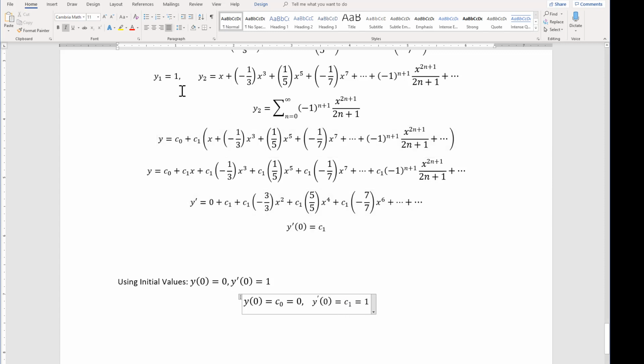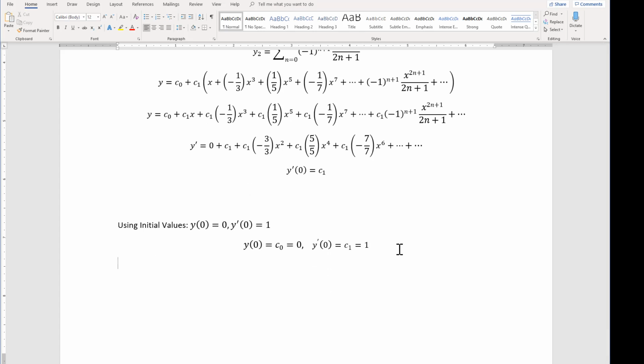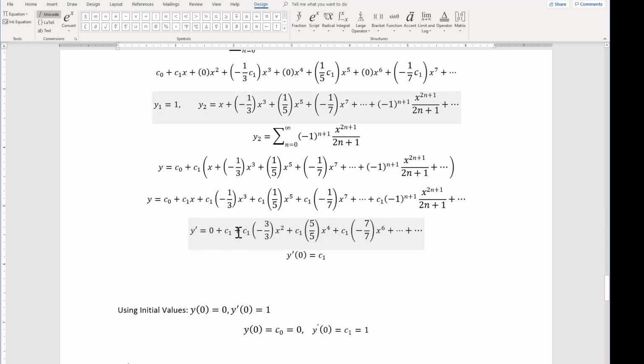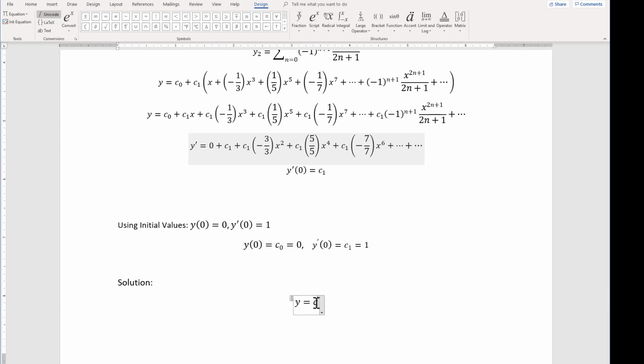So essentially, your general solution that has y1 and y2, let me see if we can write that out. Your solution then would be y equals y1 times C sub 0, which we know is going to be 0 because that stuff's going to disappear, plus C sub 1 times y2.